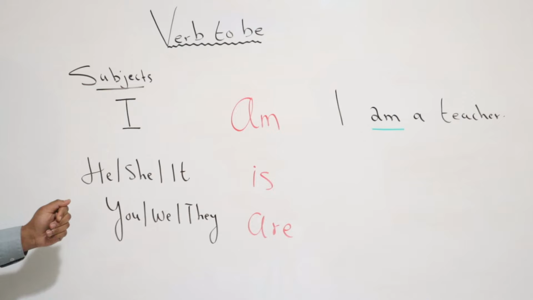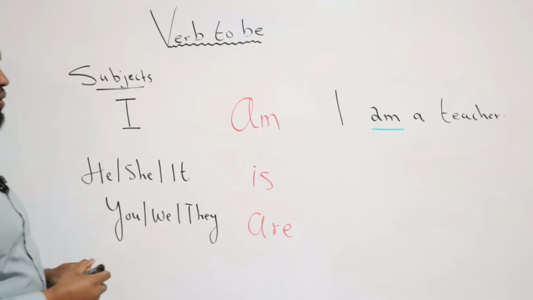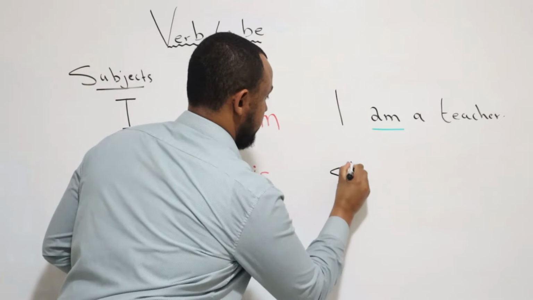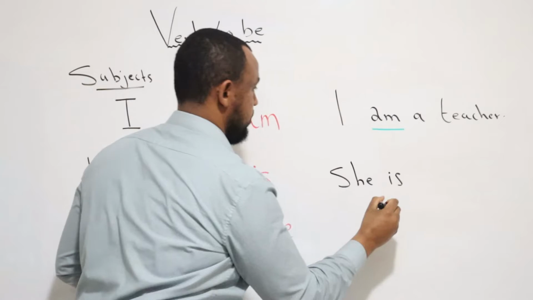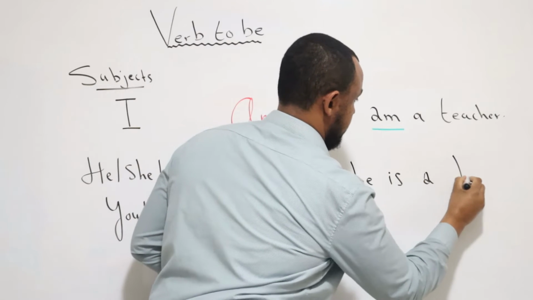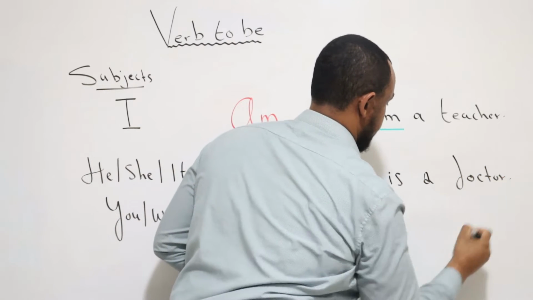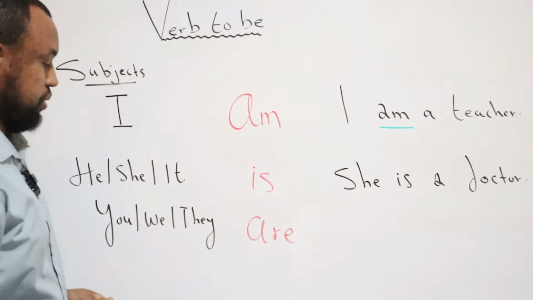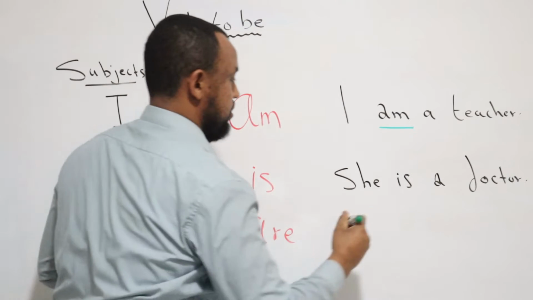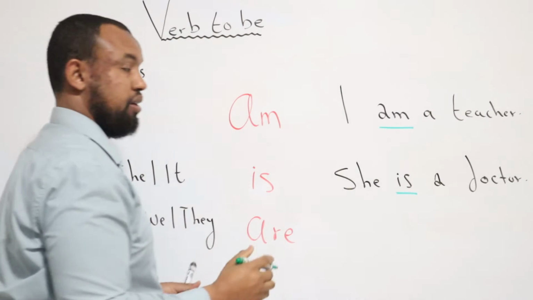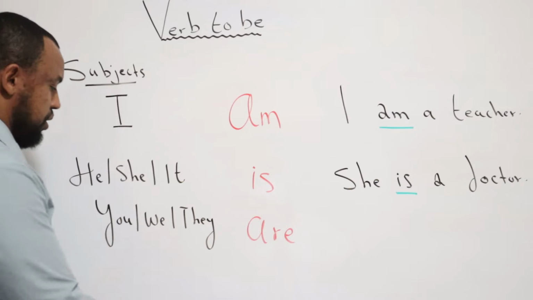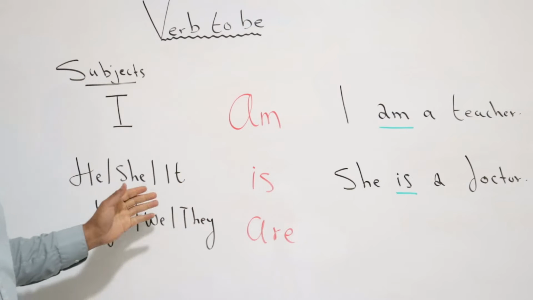Okay, let's use an example. For example, she is a doctor. Okay? We've used is with she. Clear so far? Okay. We can also use the same for he.